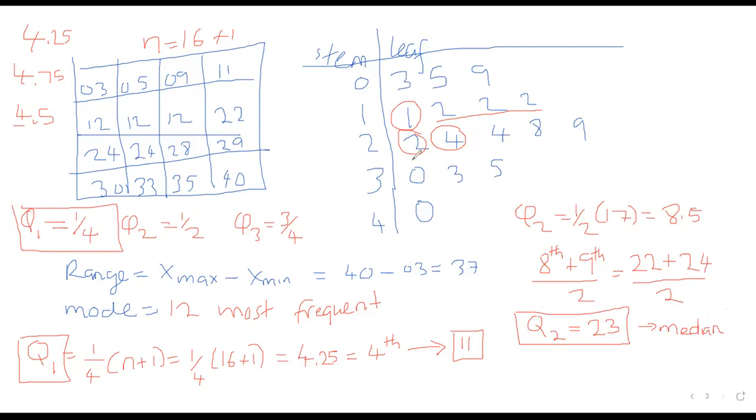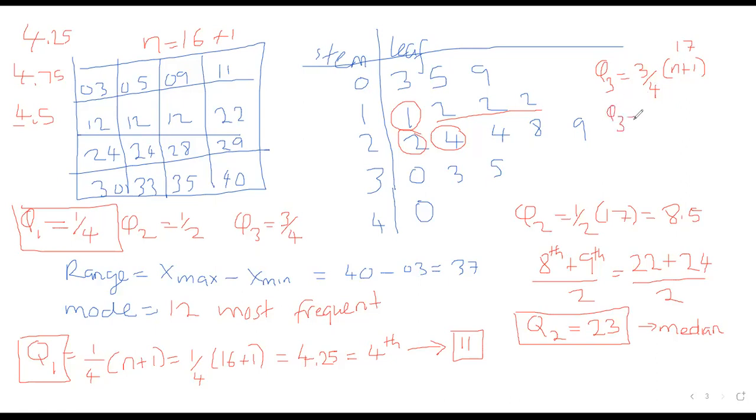Who wants to lead us in the upper quartile or the third quartile? Q3. How do you find Q3? Q3 is 3/4 of n plus 1. Now n plus 1 is 17. What is 3/4 of 17? Those with calculators can help me with the number. 12.75.